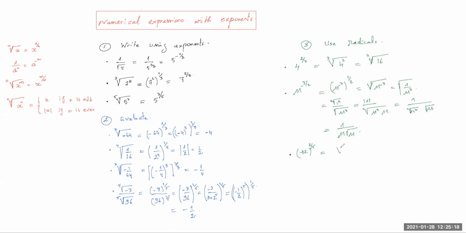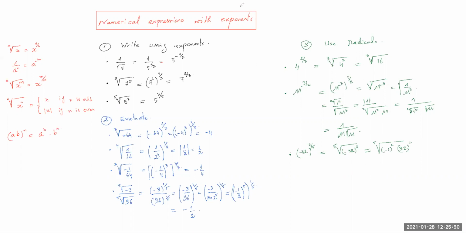So I can say it's the fifth root of minus 32 to the power 2. Then here to the power 2, you can use minus 1 squared, 32 squared. Here I'm using the formula: a times b, power n, is a power n times b power n.